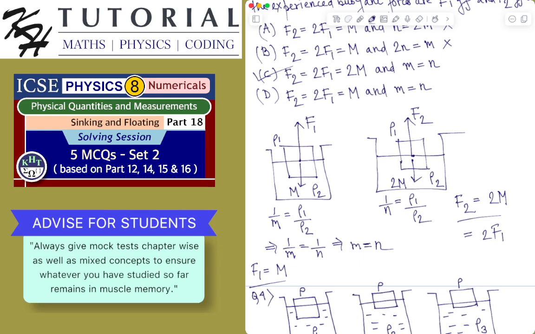No, F2 is equal to twice F1 and F2 is equal to twice m. So the correct choice is C.